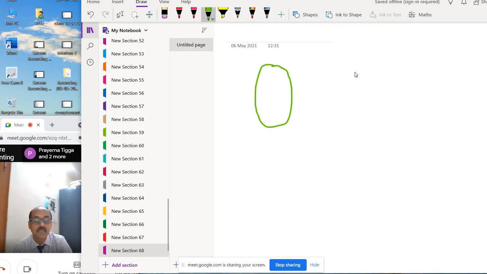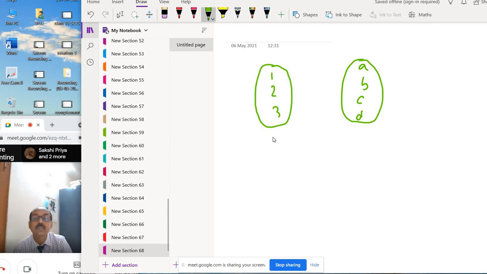Now, this is the first set, and this is the second set. Okay, so the elements of the first set are 1, 2, 3, and the second set has A, B, C, D, four elements.